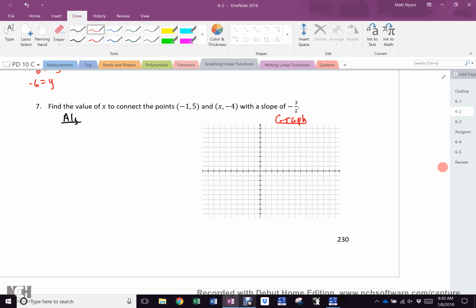I'm interested to see if it trips anybody up. What do you think that one thing is? There's a fraction in the slope, and what's weird about that fraction? It's negative. So you've got to think about where that negative sign comes into play. Has everybody got a decent start on it? Okay.